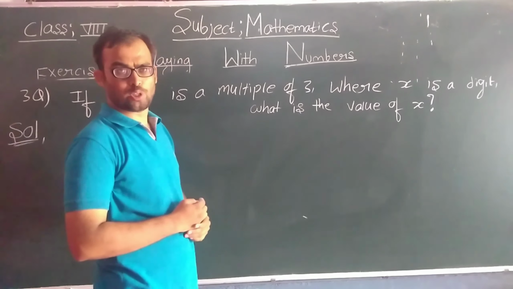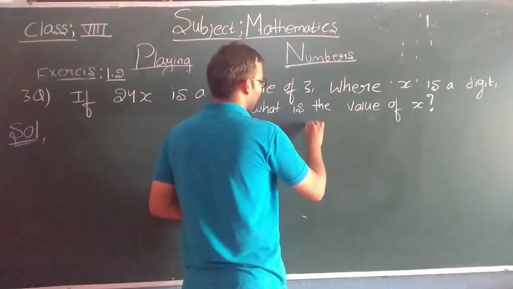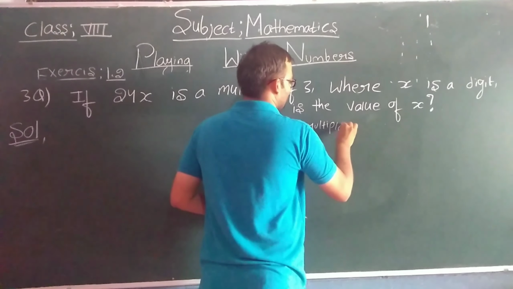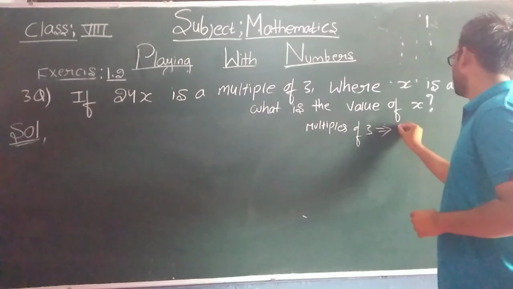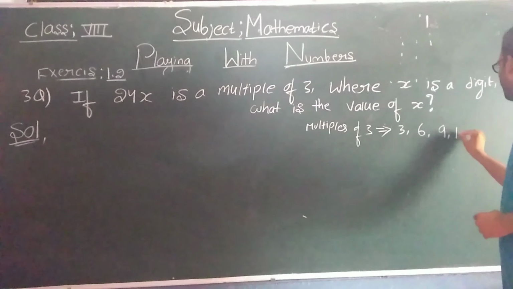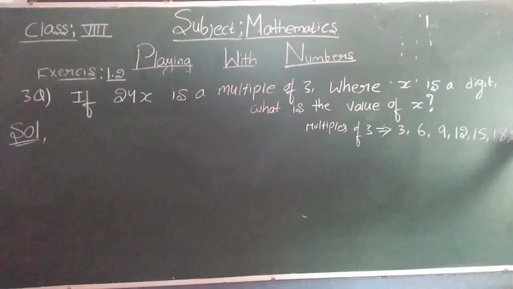So what are the multiples of 3? You might have learned in basics. The multiples of 3 are 3, 6, 9, 12, 15, 18, 21, and so on.